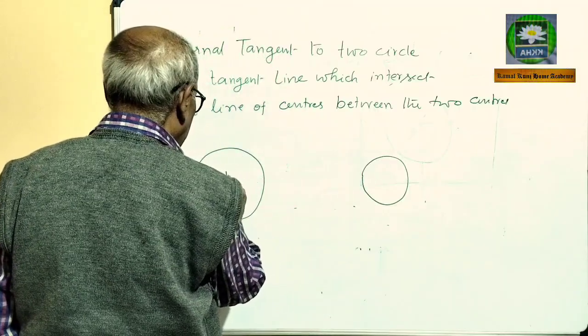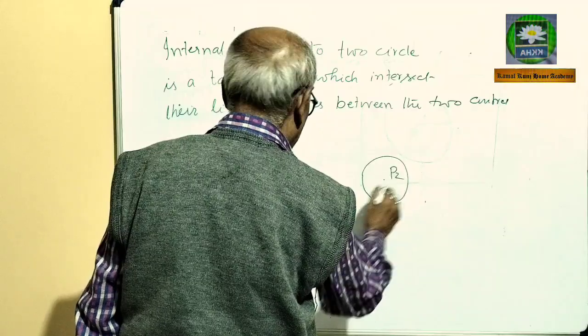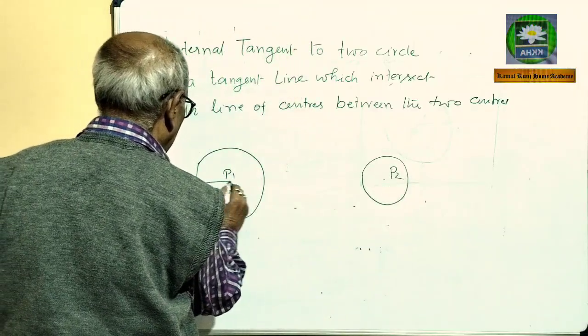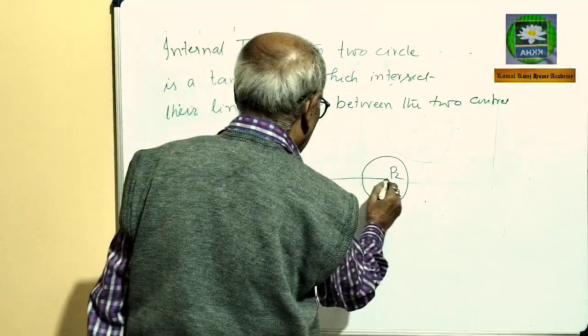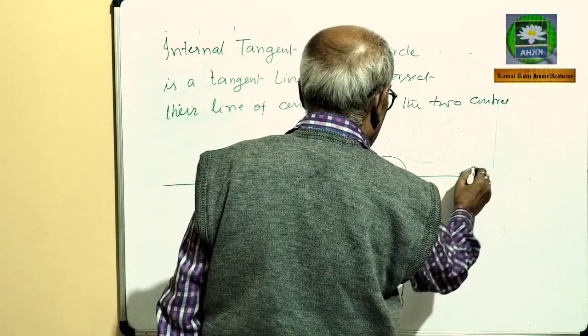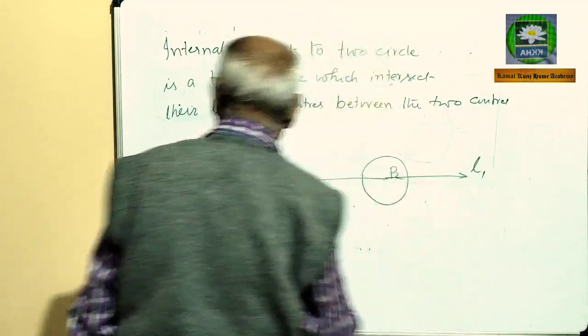Centers are P1 and P2 and this is the line passing through the two centers, the line of centers L1.